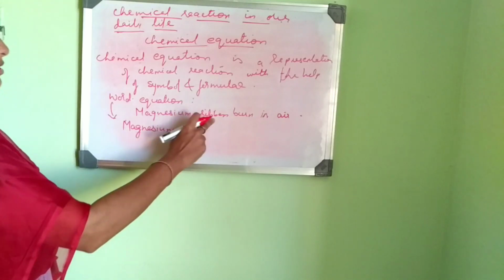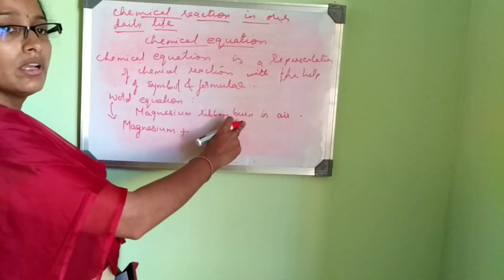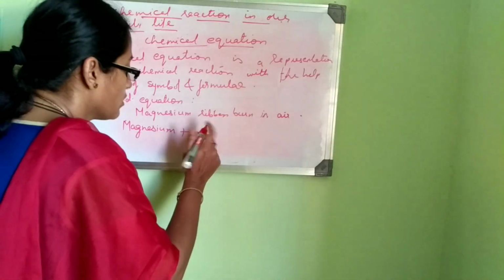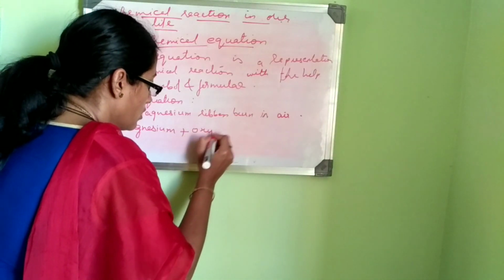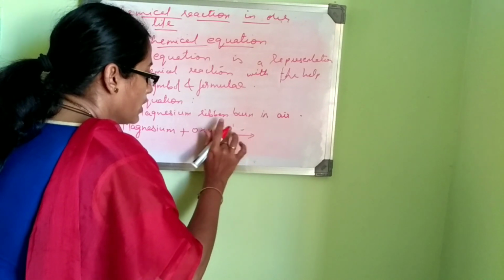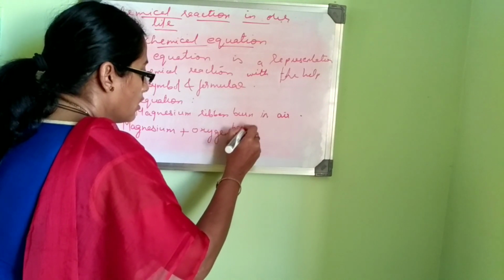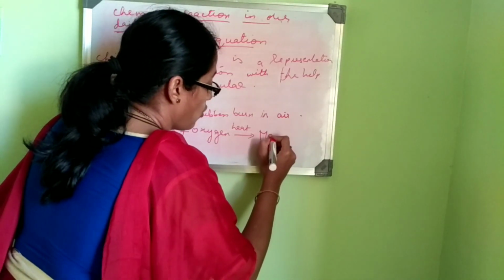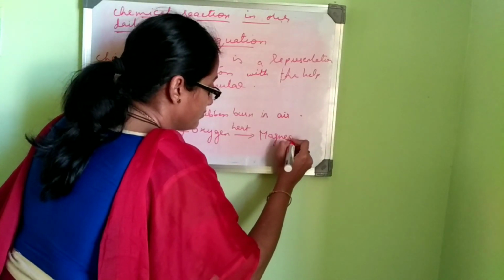What is happening to the magnesium ribbon? We are burning it in the presence of oxygen or air. So air can be written as oxygen, and on burning or heat, you get magnesium oxide formed.